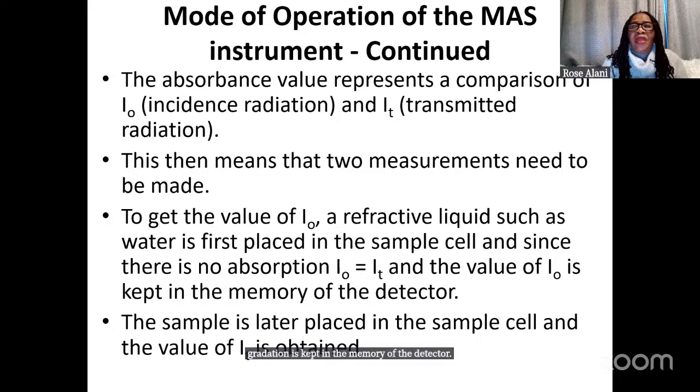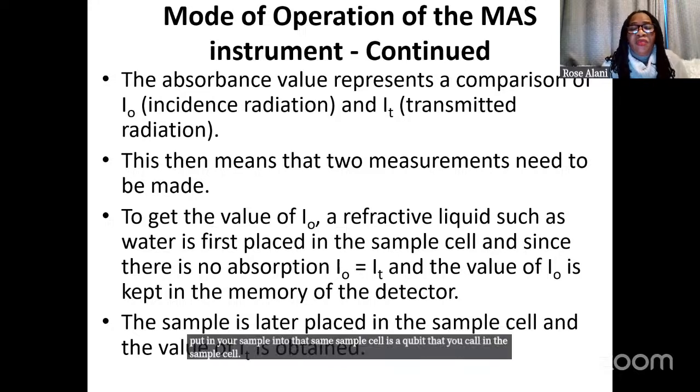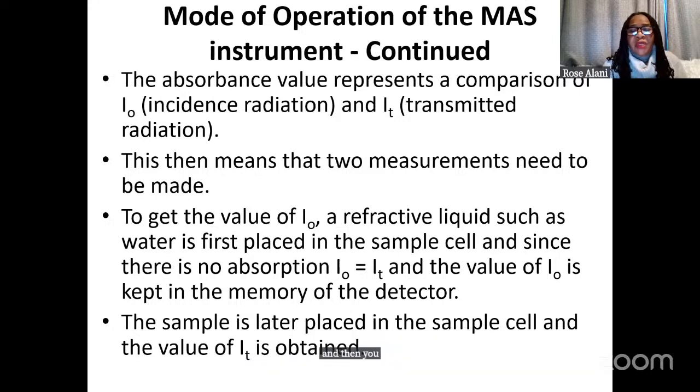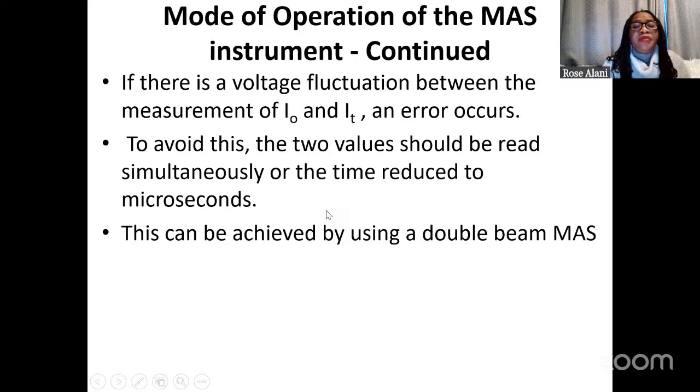Then you empty the water that you just used in the cuvette, and now put your sample into that same sample cell. It's the cuvette that you call the sample cell. And then you measure the value of the transmitted radiation.